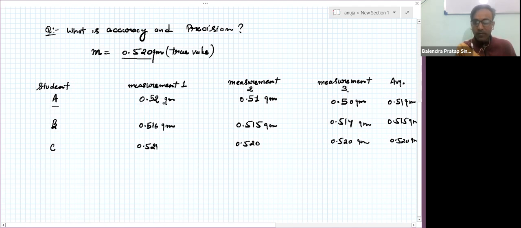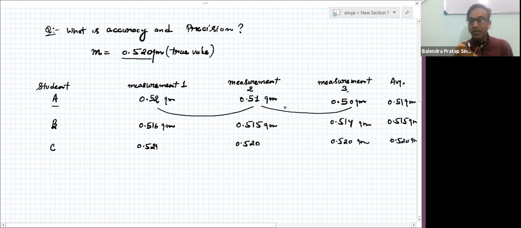Student A is taking observations, and his first measurement value is 0.52 gram, and he directly jumped from 0.52 to 0.51. His value reduces, but listen, the exact value is 0.520, and here he directly jumped from 2 to 1 and 1 to 0.